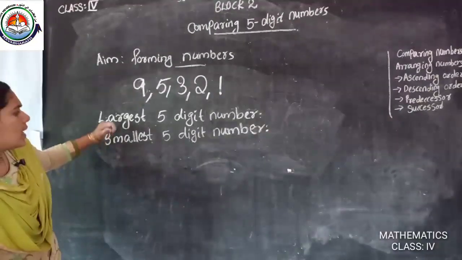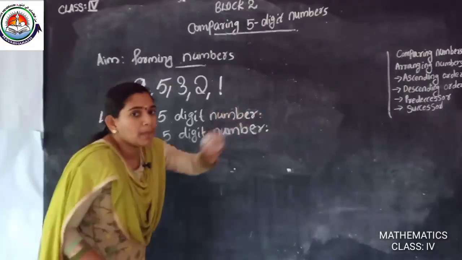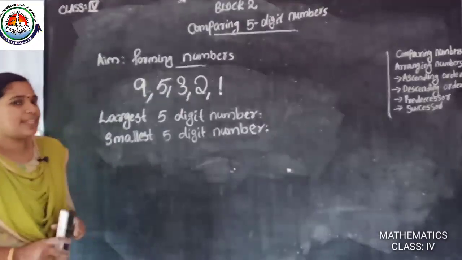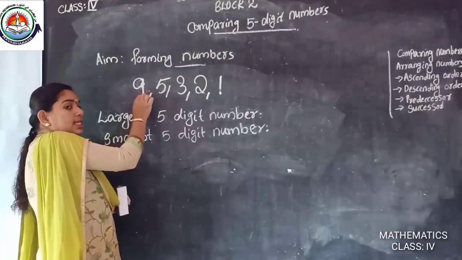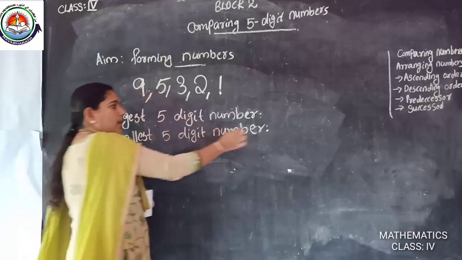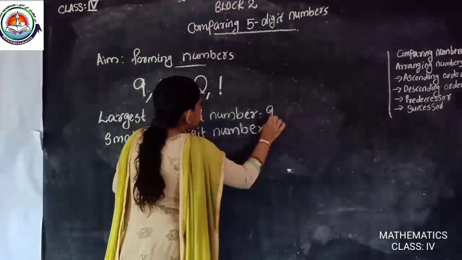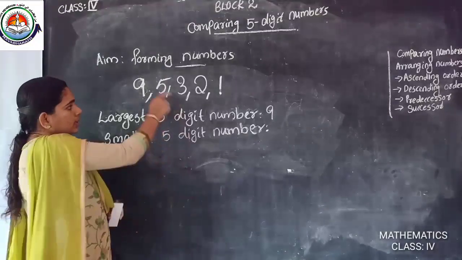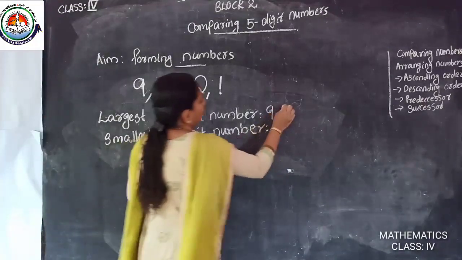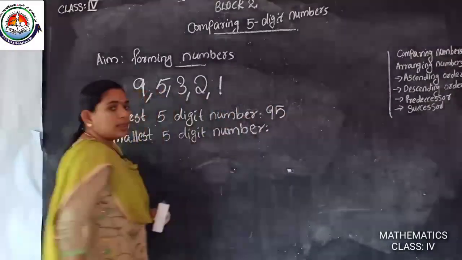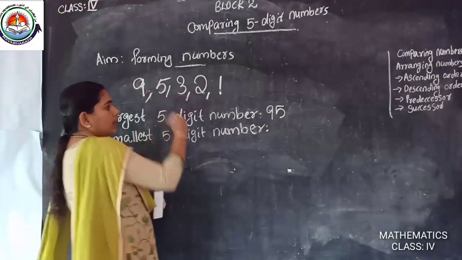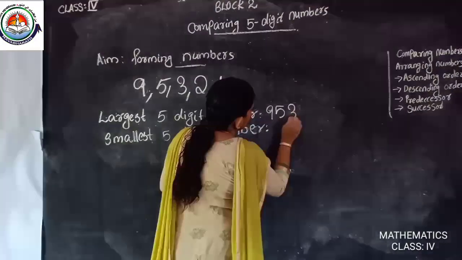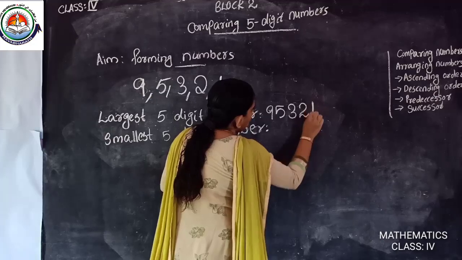Okay, largest 5-digit number. How do you get the largest 5-digit number? The largest digit here is 9. So 9 is first, in the 10,000 place. The next 5 in the 1,000 place. Then 3, 2, 1.